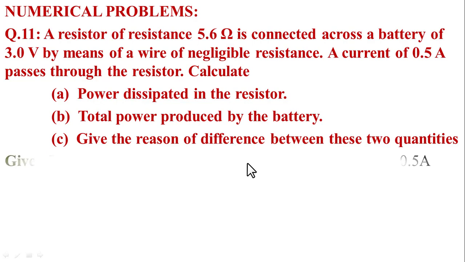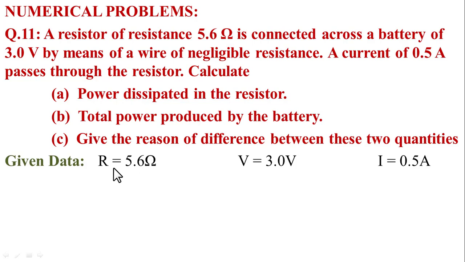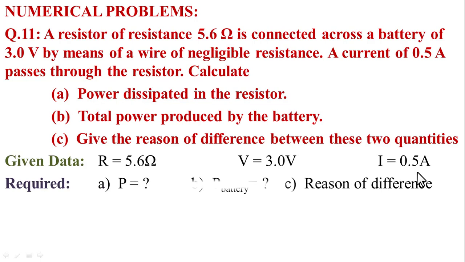Now according to the given statement, write the given data. Resistance R is equal to 5.6 ohm, V is equal to 3 volt and I is equal to 0.5 ampere. We are required to find in A part the power, in B part the power of the battery, and in C part the reason for the difference between the two quantities.